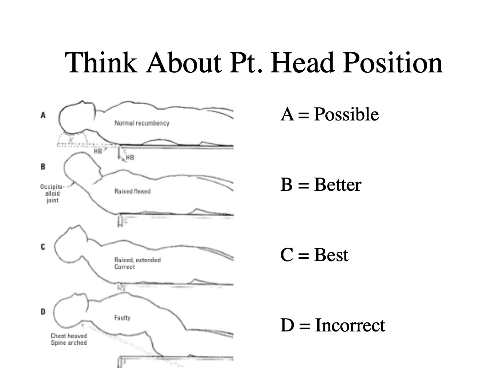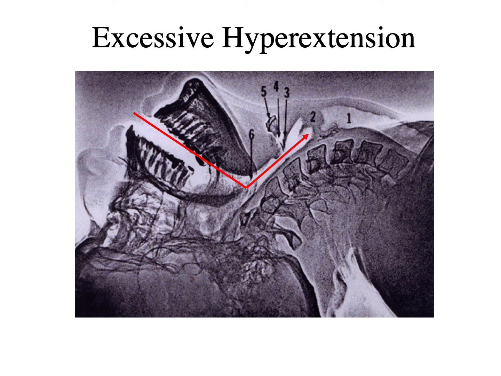Excessive hyperextension is bad. We don't want to hyperextend the neck too much. It could technically help us with intubation a little bit. Really what I mean by that is sometimes, if I'm at the head in the airway chair in the back of your ambulance, I would pull the patient's body up so that the head is dangling off the top of the gurney, and then start to look.